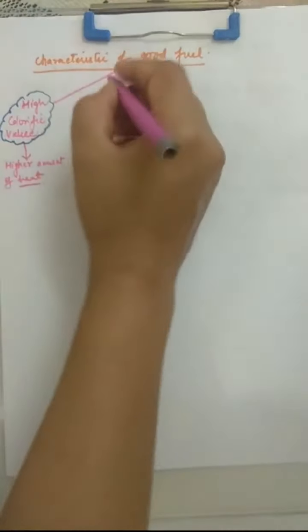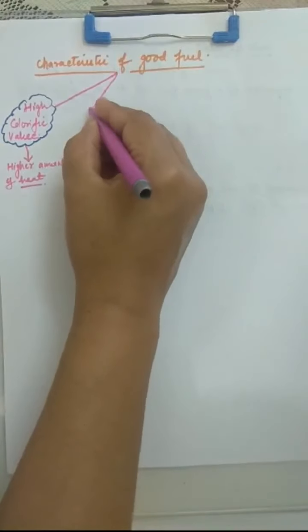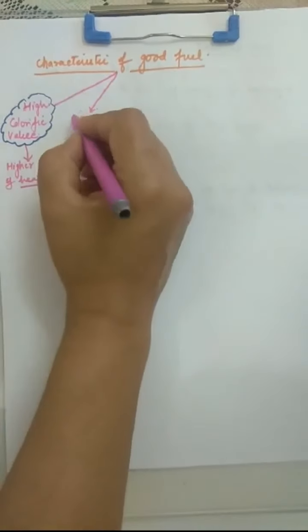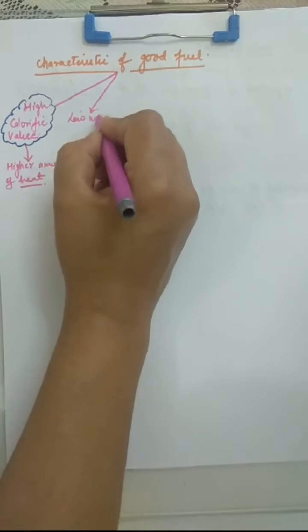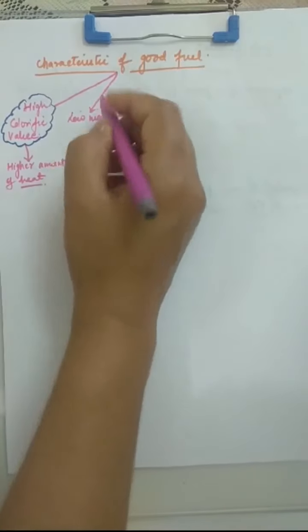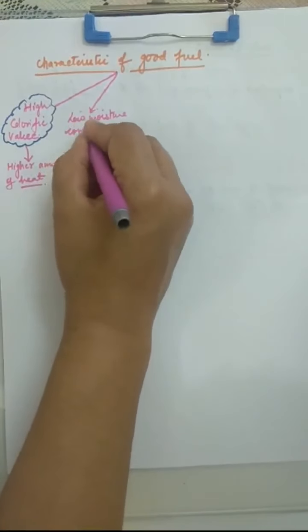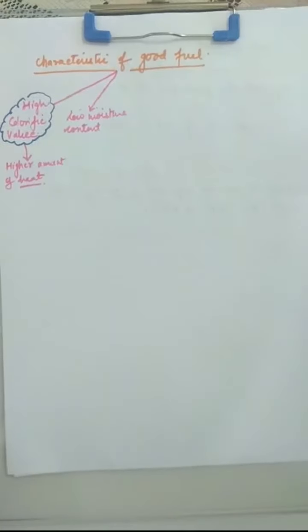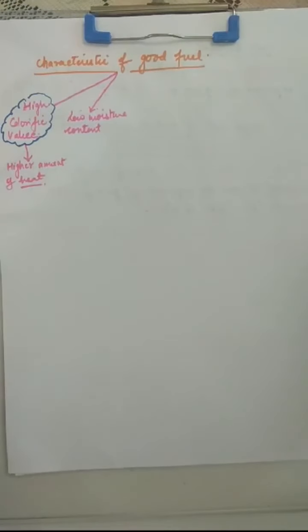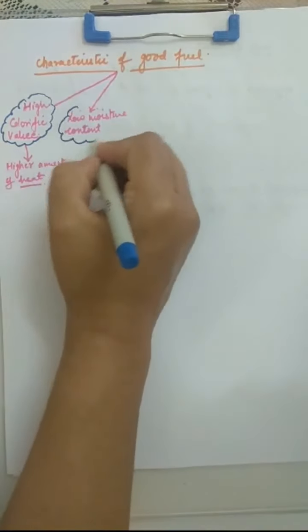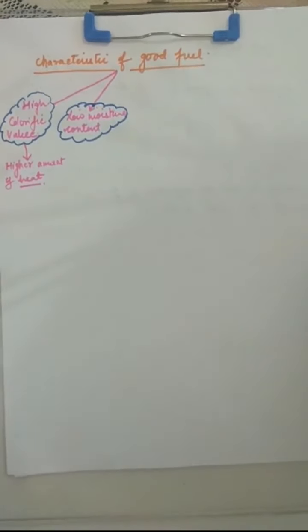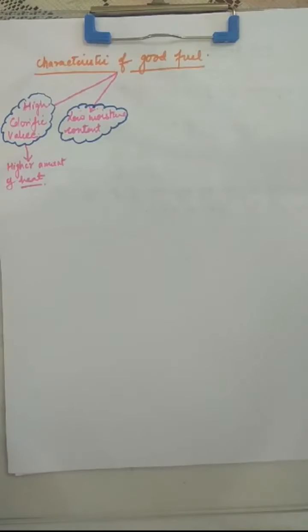Now the second characteristic is low moisture content. So a good fuel has a low moisture content. As we already know, suppose we take wood. If wood has moisture in it, it will not burn. Clear?